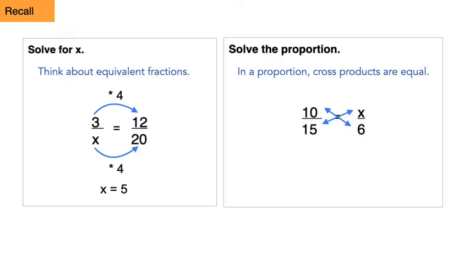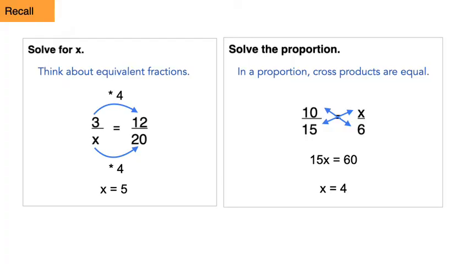That is, the product of one denominator times the other numerator, so 15 times x would equal 10 times 6, or 60. And now that I have this equation, I can divide both sides by 15, giving me x equals 4.